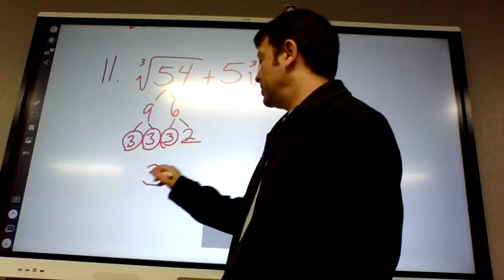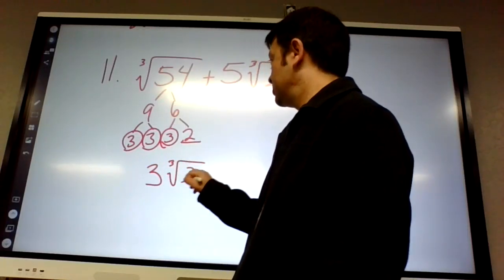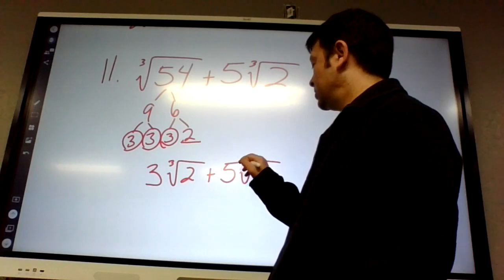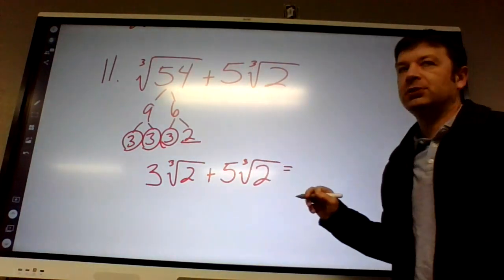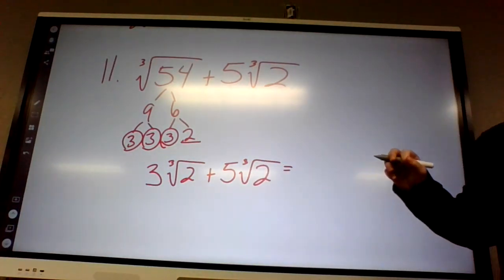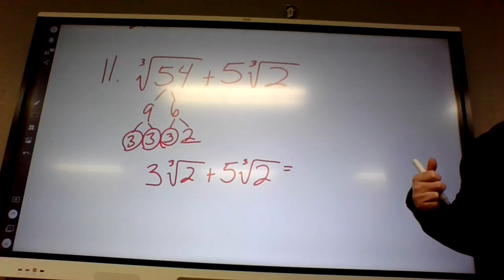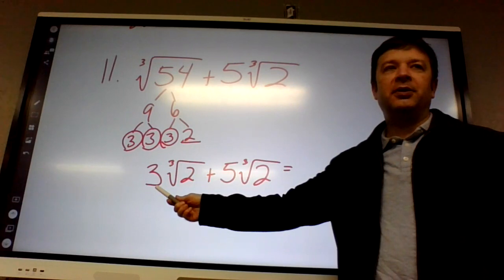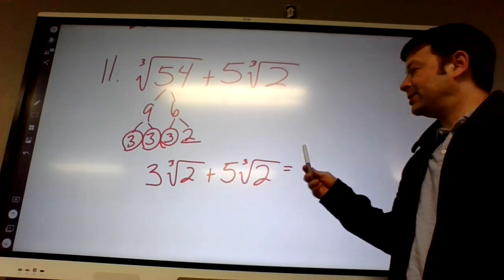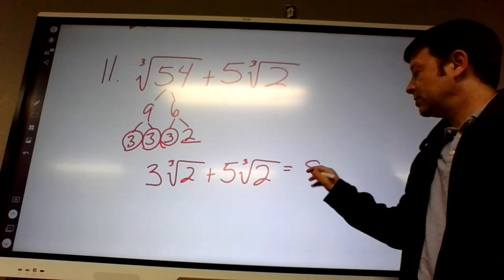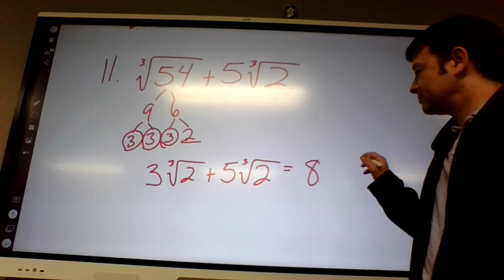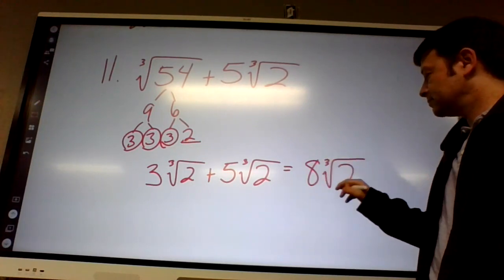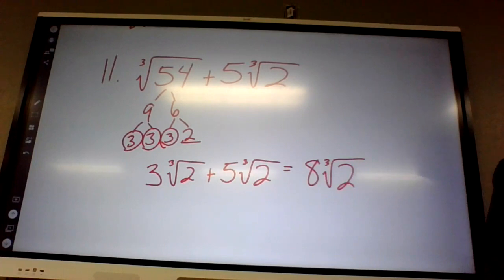So we got 3 cubed root of 2 plus 5 cubed root of 2 is what? So 3 of these plus 5 of these equals 8 what? 8 cubed root of 2. Yeah, that's it.